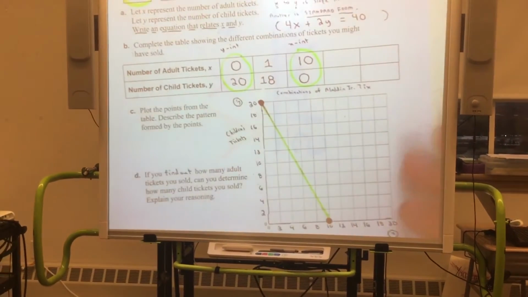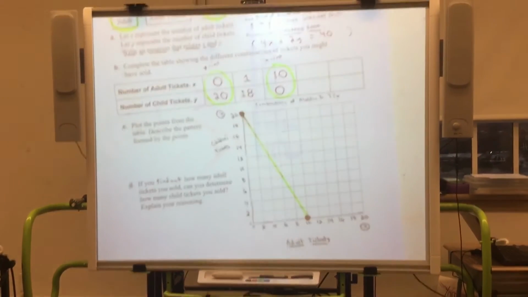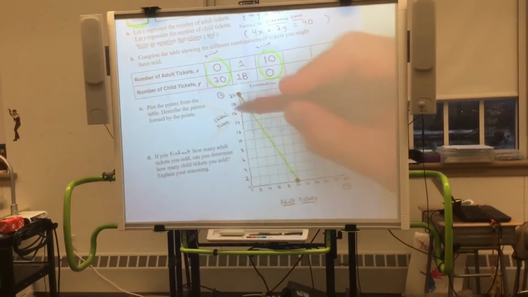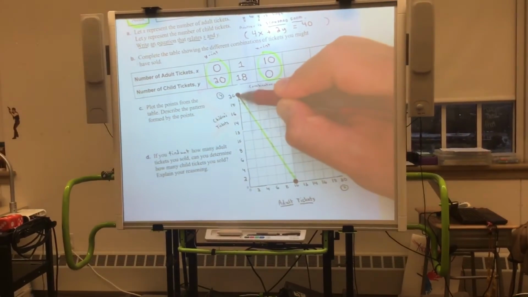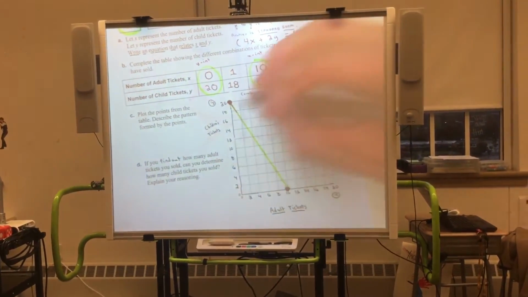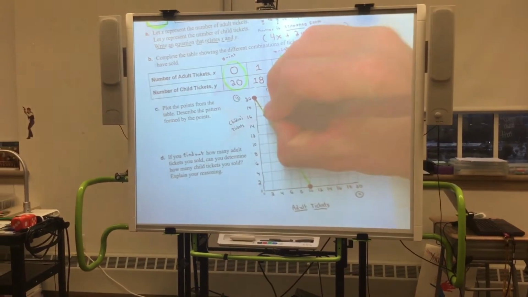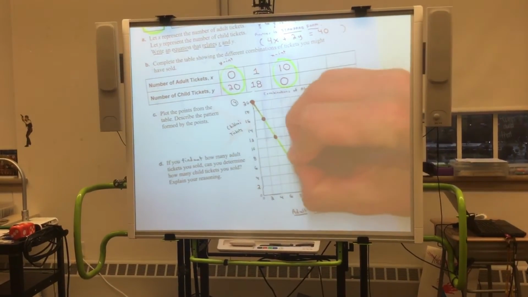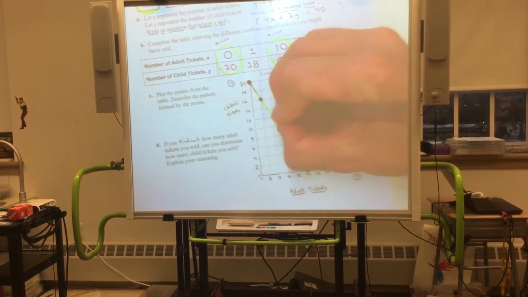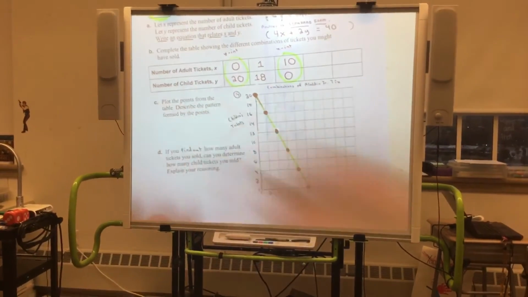Okay, so we'll deal with those, and then you notice the slope is negative because it's going to go down from the greatest possible combination of y, whatever I have for y. And then if you look, you can kind of see some of the points along the way as they intersect here. Okay, so I've plotted those.